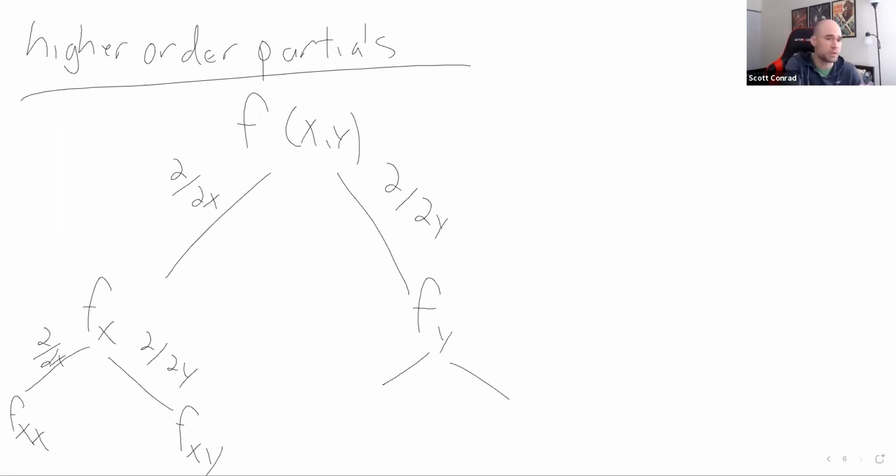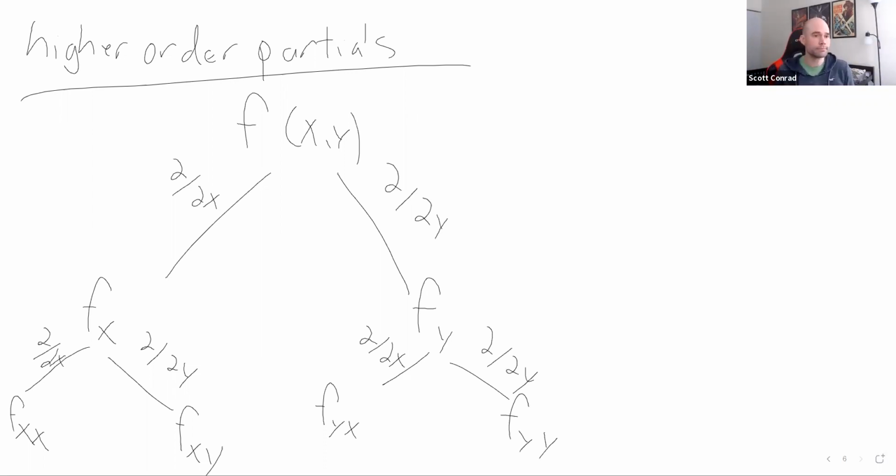Right? First we take the partial with respect to x, then the partial with respect to y. Similarly, if we first take the partial with respect to y, and then the partial with respect to x, that gives us f sub y x. So first y, then x. Or we can take the partial with respect to y, and then the partial with respect to y again. So that's f sub y y, and so on and so forth.